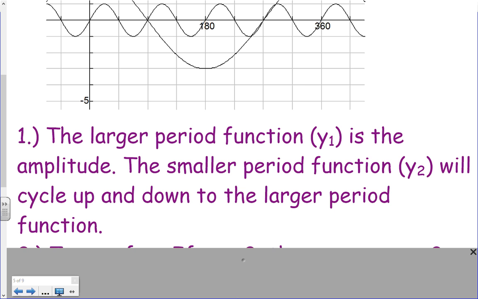We just talked about that up above when you think about that general sinusoidal equation. And again, the larger period function in this case is y1, but it's not always y1. But from this point forward, when I refer to y1 and y2, we're talking about y1 being the larger period function, and then the smaller period function, y2, will cycle up to and down to the larger period function. In other words, it's the amplitude for it.